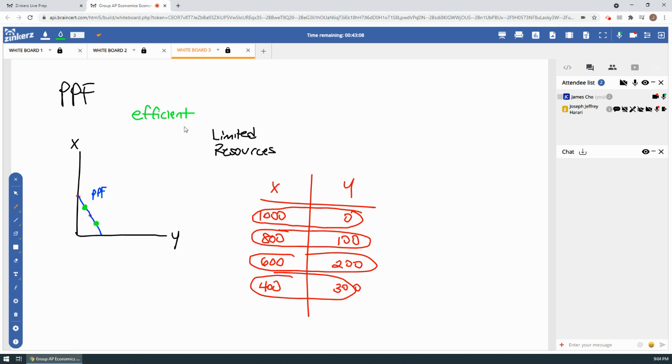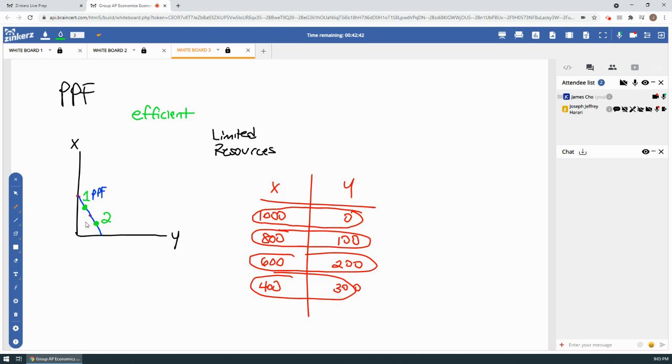You had nothing left over. All the resources you had, you used up, all the way down to the last drop. That's very efficient, nothing wasted. Point 1 on your PPF is efficient. Point 2 is efficient. Any point on your PPF curve is efficient.